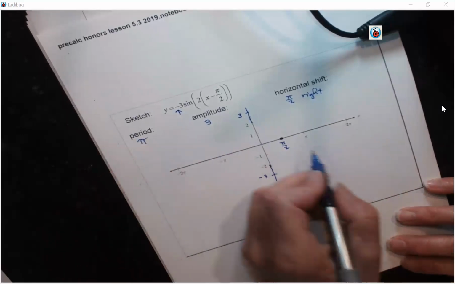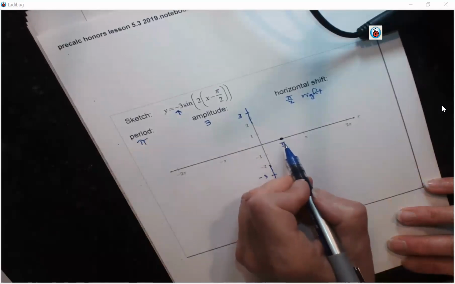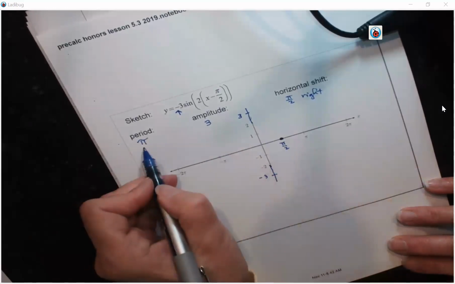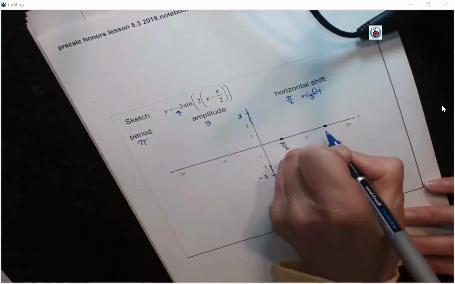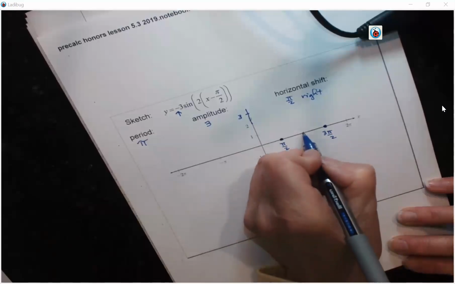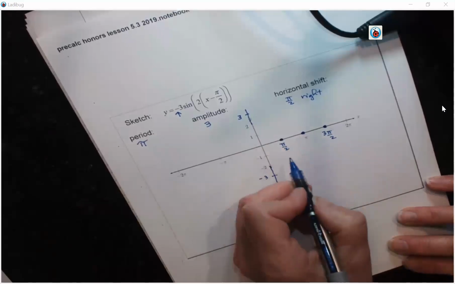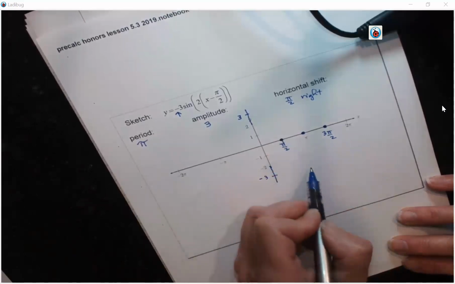That means this one's going to go down before it goes up. I'm going to draw one cycle, but I need the other end of it. If the period is pi, the other end of my first cycle is 3 pi over 2. And halfway in between there is pi. So I've identified my intercepts.